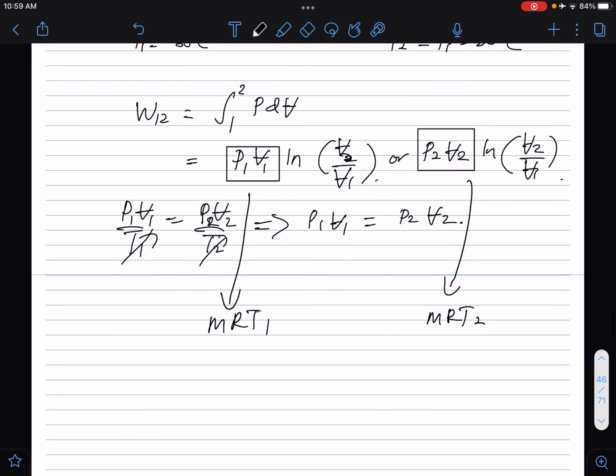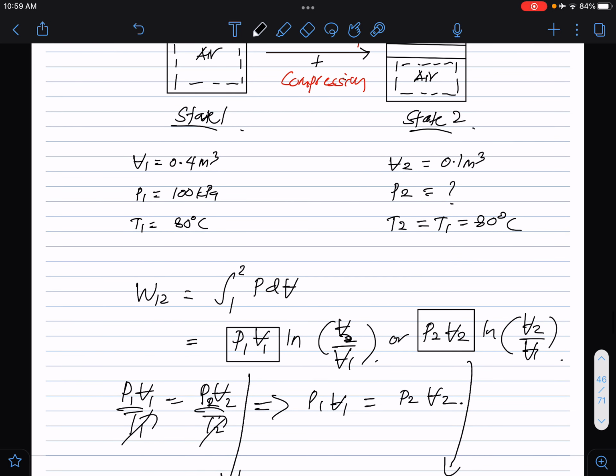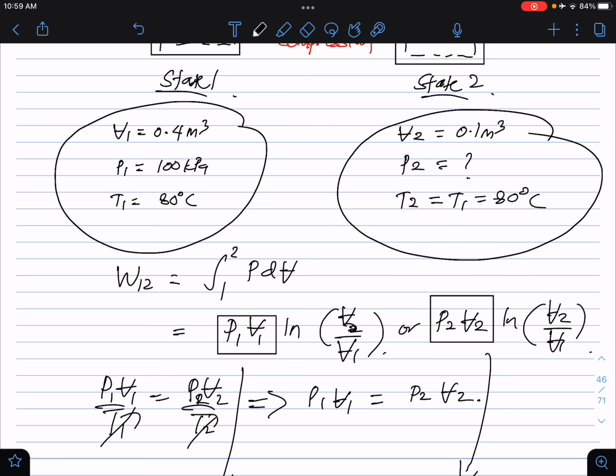you need to use whichever equation has the least unknowns. If you want to use, let's say, P1 V1 ln V2 over V1, I think this is the most suitable because you have more known variables here as compared to the second one.